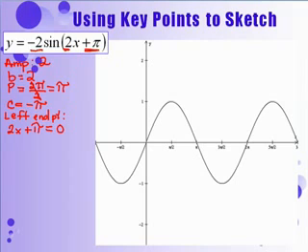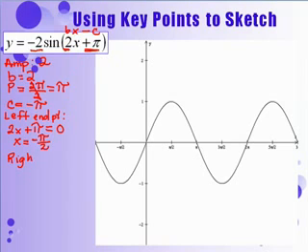And the reason it's plus pi is because remember when we looked at our general equation, this is bx minus c. So negative pi will result in that becoming positive. Okay, solve for x, and we get x is negative pi over 2.